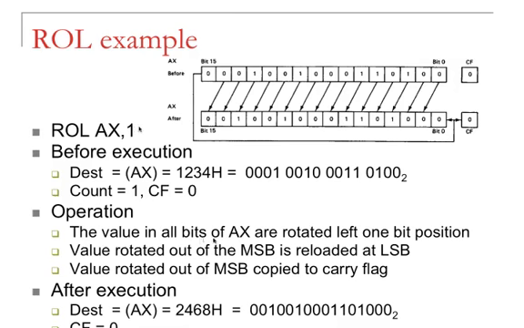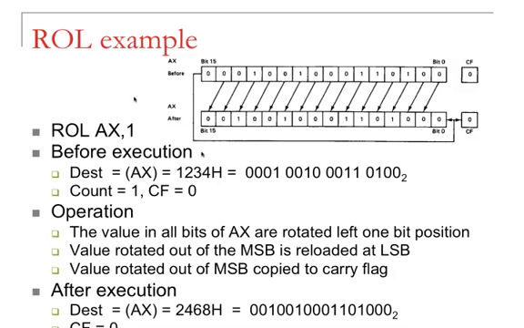The values of all bits of AX are rotated to the left for 1 bit. So as you can see, all the bits are shifted to the left by 1 bit. So bit 0 is now moved into bit 1, bit 1 is moved into bit 2, and bit 14 is moved into bit 15. The most significant bit, bit 15, is not discarded. That's the difference between rotation and shift instructions.